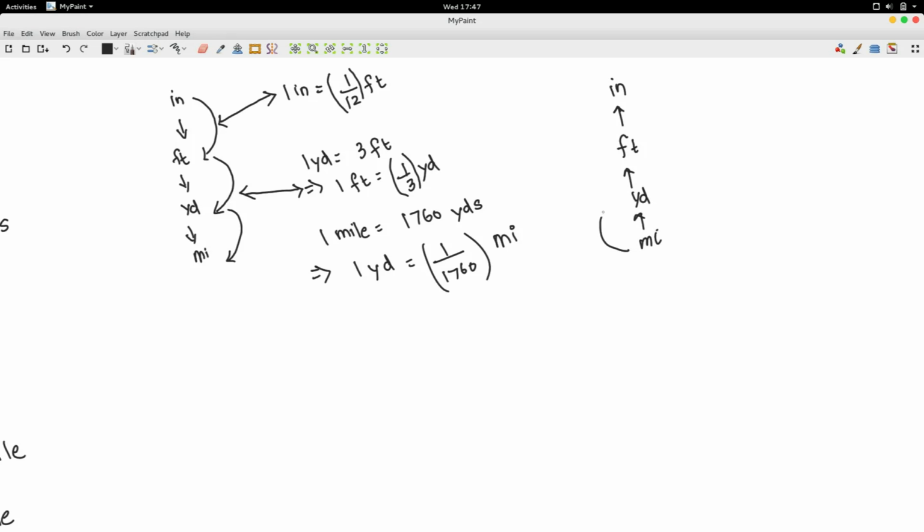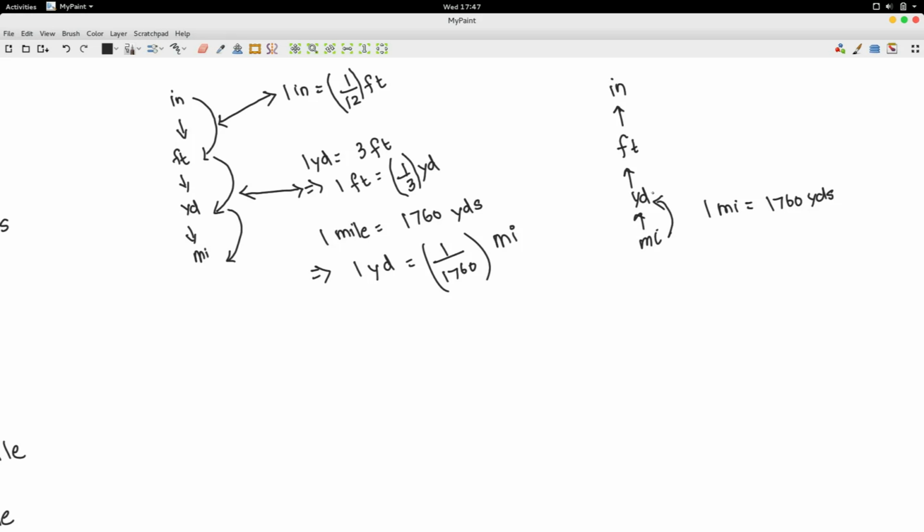if you want to convert miles to yards, 1 mile is equal to 1760 yards. So you could directly multiply by whatever amount you need. Say 10 miles would then be equal to 17,600 yards, and so forth.